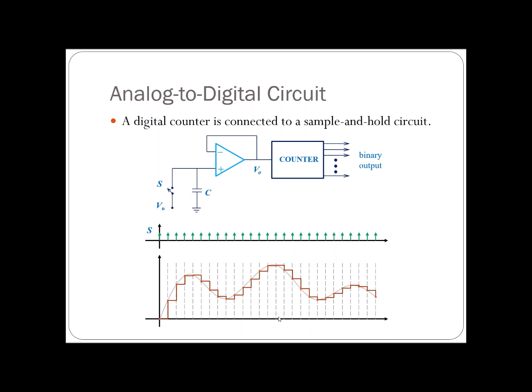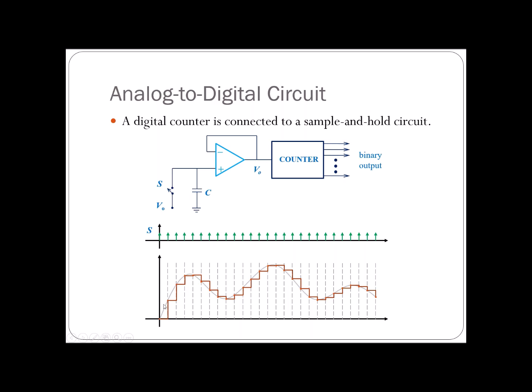The next story that I want to share with you, the digitalization is not only in terms of time. So we don't only discretize it in time, but we also discretize it in the signal itself.